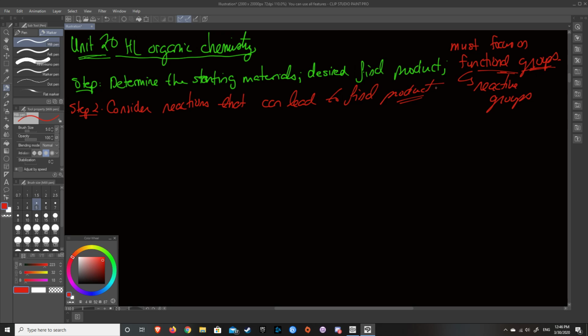And you want to do this from both ends. You're going to have your starting material. You're going to have your final desired product. And a good way to solve this is with your starting material, you can say, okay, what reactions can my starting material undergo? And what reactions can my final material undergo?